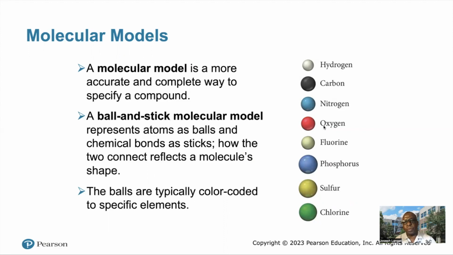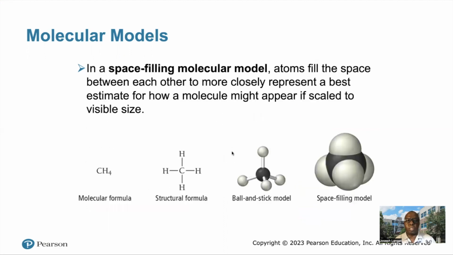Always oxygen will be red. From the previous illustration of mixture and compound, using H2O, recall the water molecule, there was 1 red sphere and 2 white spheres, which represent oxygen and hydrogen. This is space filling, really.